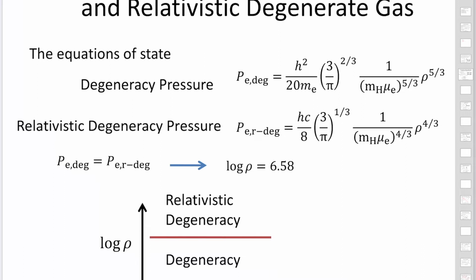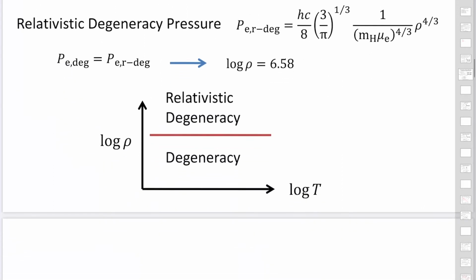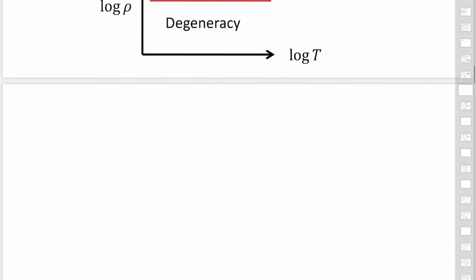To find the boundary between these two degeneracy pressures, use the equation P_e,deg equals P_e,relativistic degeneracy pressure. So from these equations, you can express the density.